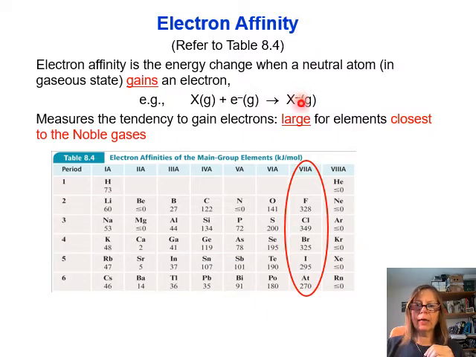As you can see, electron affinity is greater for those elements closest to the noble gases. In fact, it is highest for the halogens, here group 7A, since having one extra electron gives them the configuration of a noble gas.